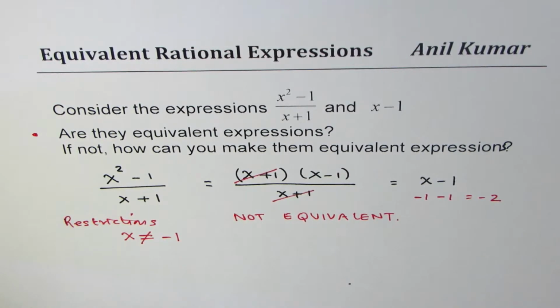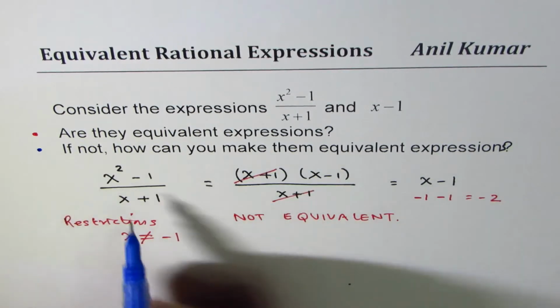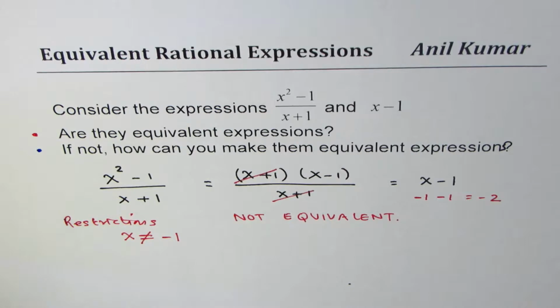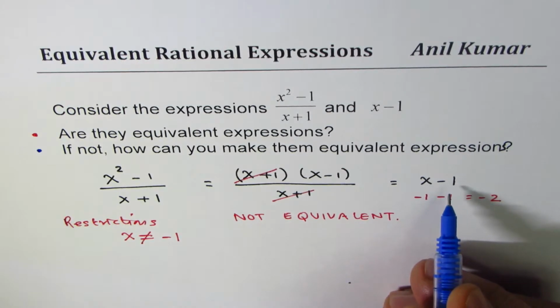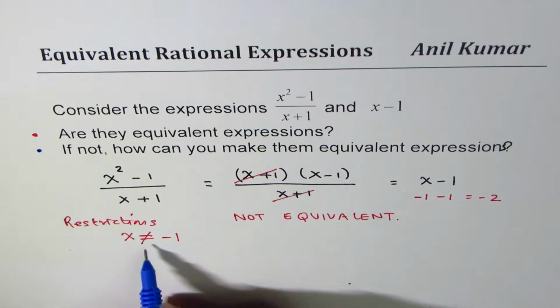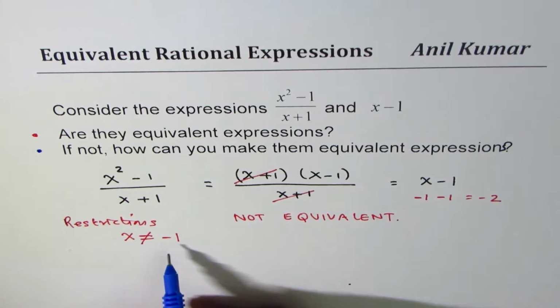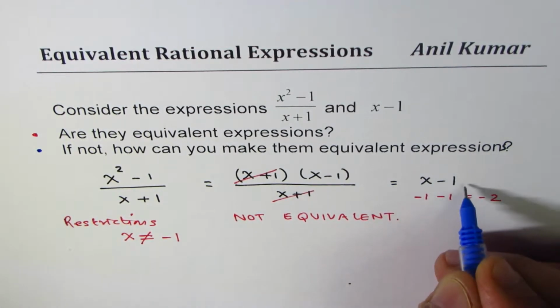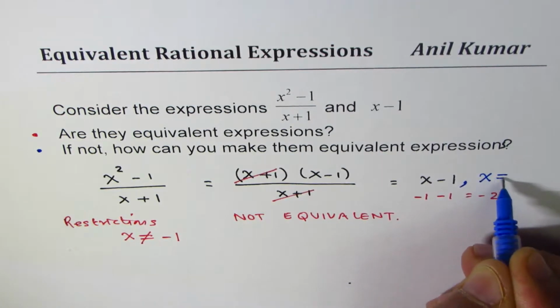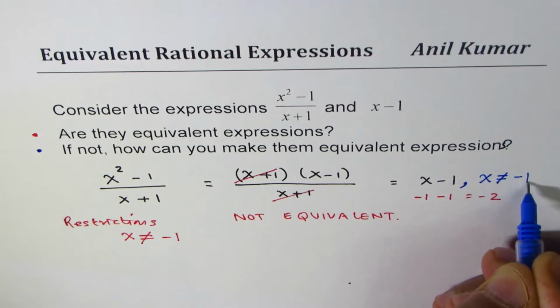Now, let's look into the second part of it. That is, if not, how can you make them equivalent expressions? The technique to make them equivalent expressions is to take care of this point, x is not equal to minus 1. So what we can do here is introduce the restriction that x cannot be equal to minus 1.